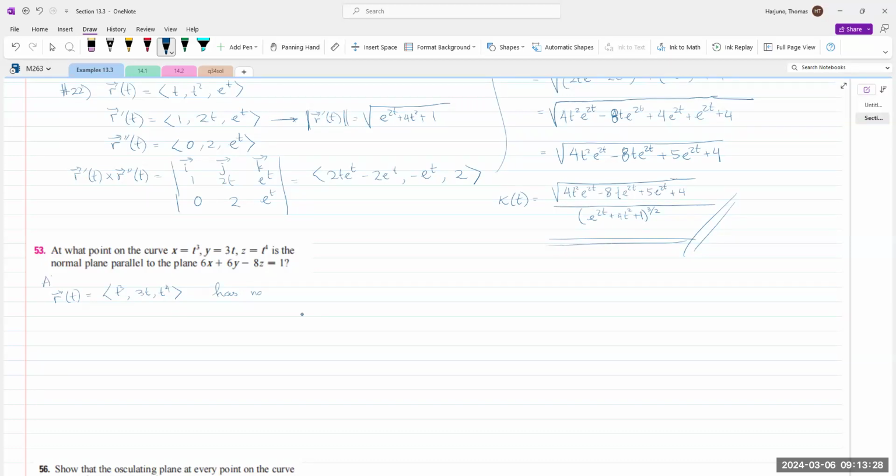I think I should rephrase it. At what t does the curve of this have normal plane parallel to 6x plus 6y minus 8z equals to what?